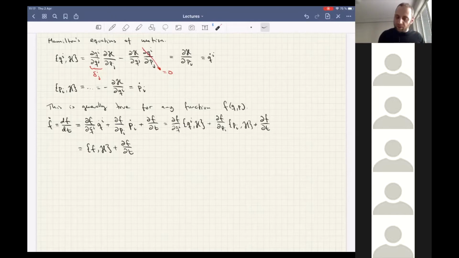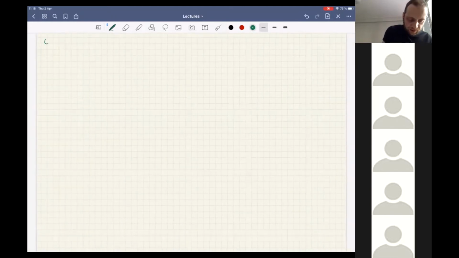But for the time being, I just want to give a few examples of the use of this equation for the time derivative of f.